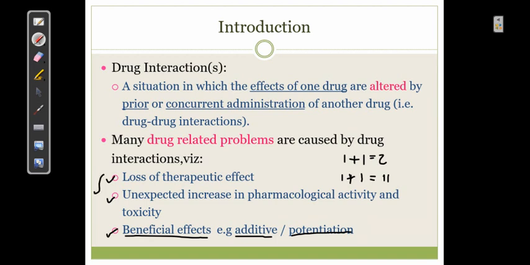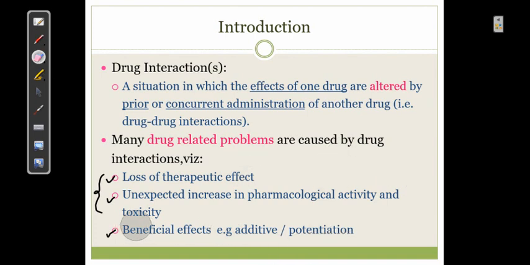These are harmful drug interactions, which are usually found because they are unintended. Definitely when beneficial effects are there and once they are known, they can be used in clinical practice also. You must be knowing some examples. Let's say sulfamethoxazole and trimethoprim.